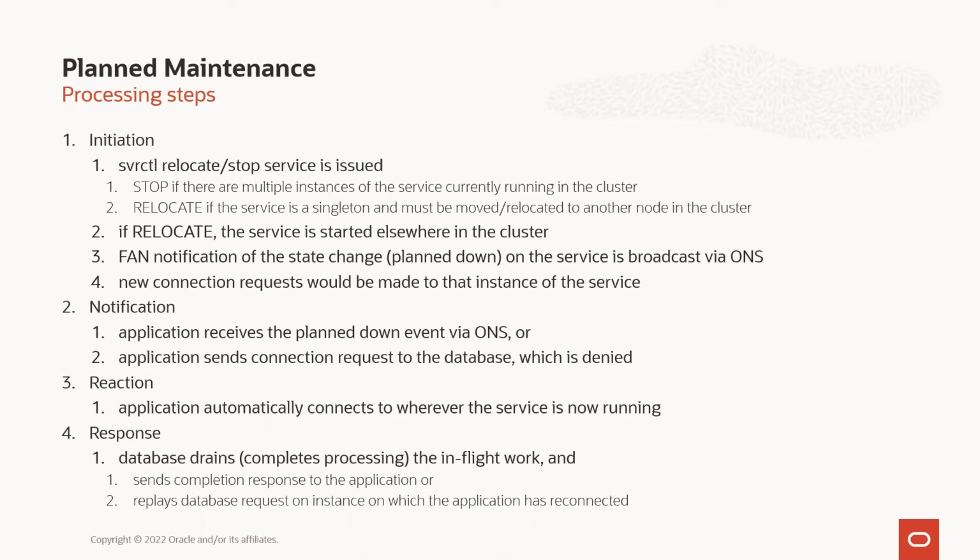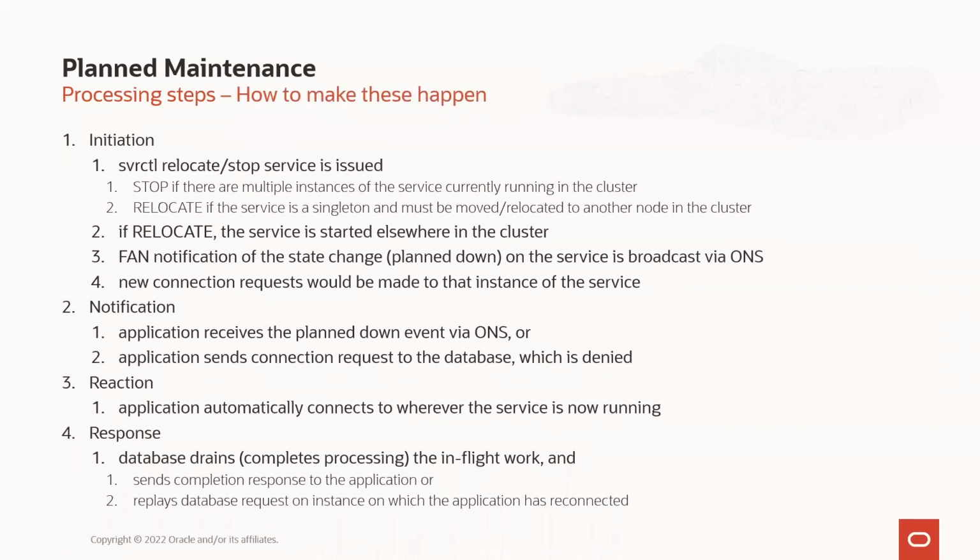And once that is happening, the database will drain the in-flight work and send a completion response to the application, or replay the request on an instance wherever we can reconnect the application. So pretty straightforward, much the same as what I've talked about, just a bit more step-by-step detail.